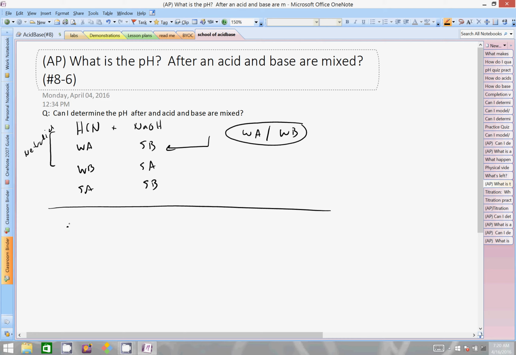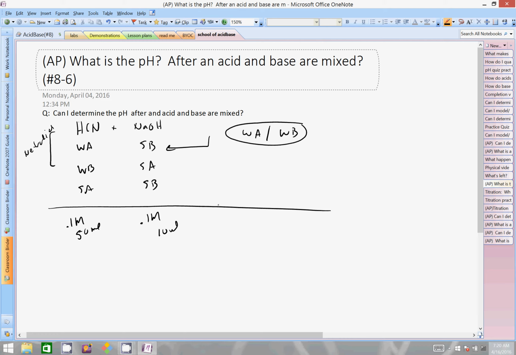And let's say I have 50 milliliters of 0.1 molar HCN, and I'm adding to this 0.1 molar NaOH, and I'm only going to add, let's say, 10 milliliters of this guy. You should note right away they're reacting at 1-to-1 ratios.